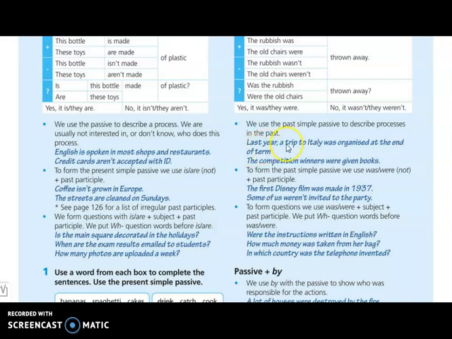Like last year, a trip to Italy was organized at the end of term. Here we used was because a trip is singular. The other example is the competition winners were given books. Winners, plural, so we used were.